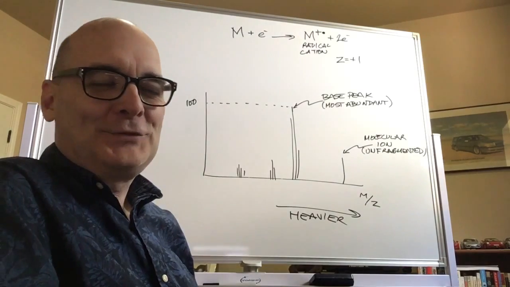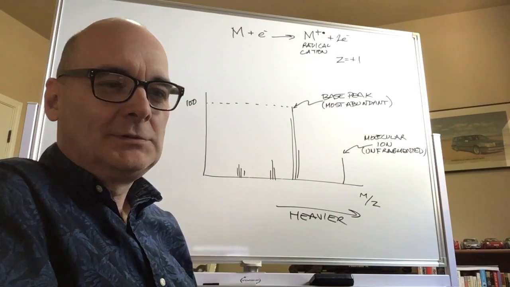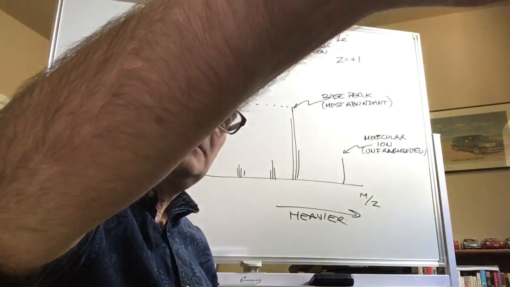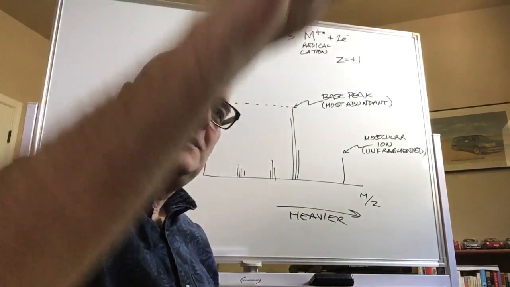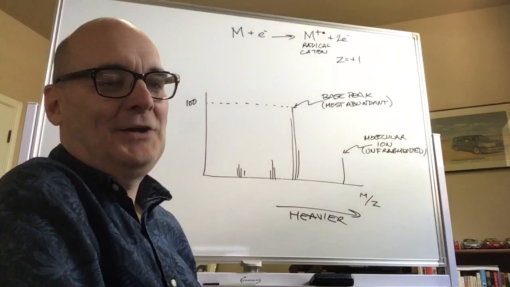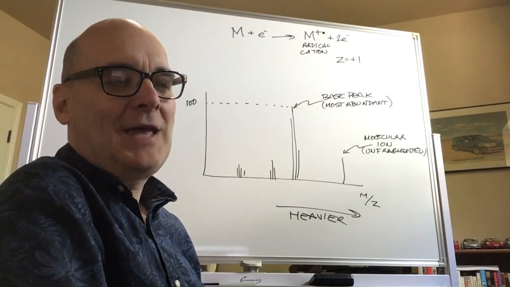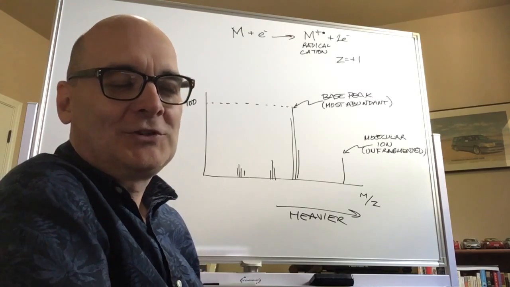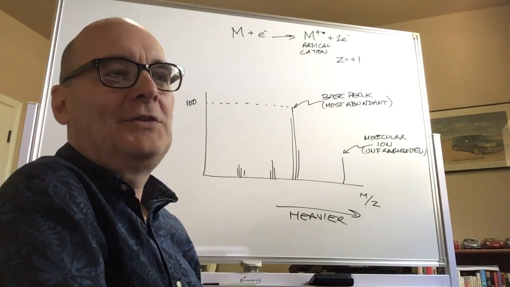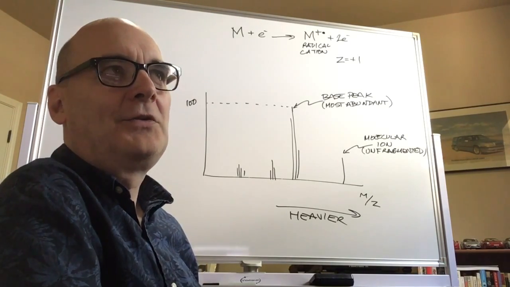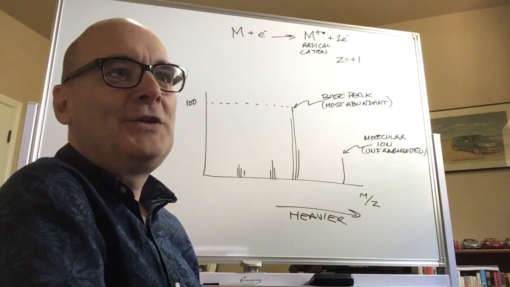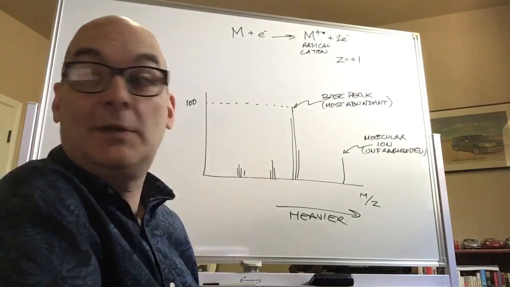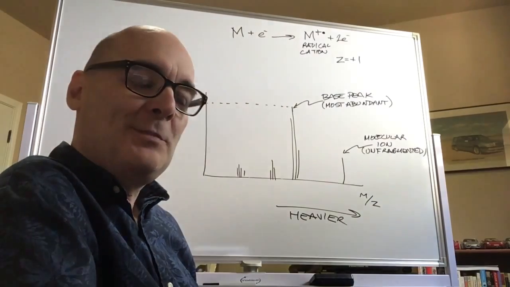That sounds like a yes or no question. I'll say yes. Yes. How is that possible? How is it possible to have something that is heavier than the unfragmented molecule that you start with?